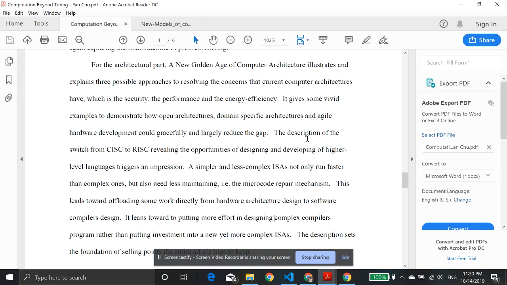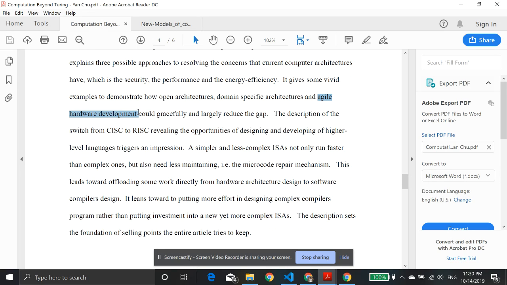And it also introduces the idea of domain-specific architectures: instead of investing in more general architectures, we should design more domain-specific combinations of software and hardware to solve domain-specific problems.